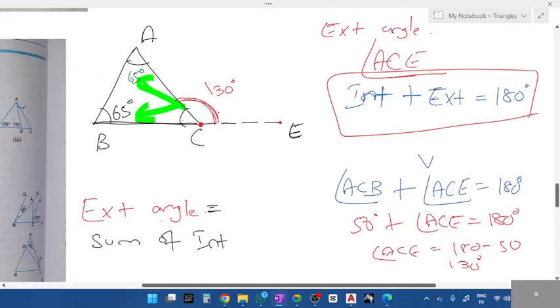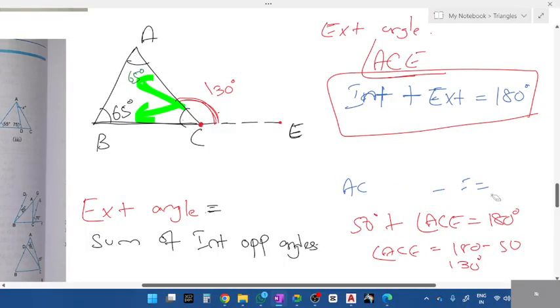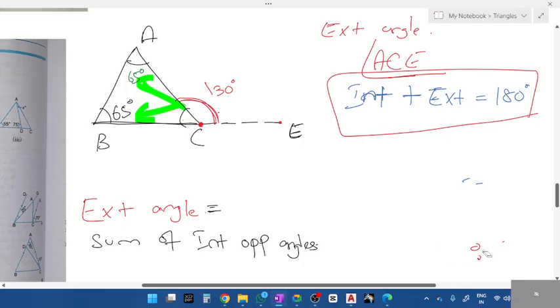One formula for exterior angle. If you want to find exterior angle, what you have to do? Sum of interior opposite angles. So if you want to find the exterior angle directly, there is one way like this. Exterior angle is equal to what? Sum of interior opposite angles.